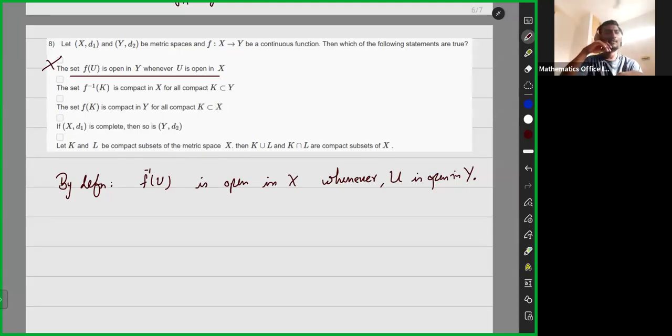There are many continuous functions which are very basic, first examples being constant functions. If f is a constant function, then f inverse of any set, very important.